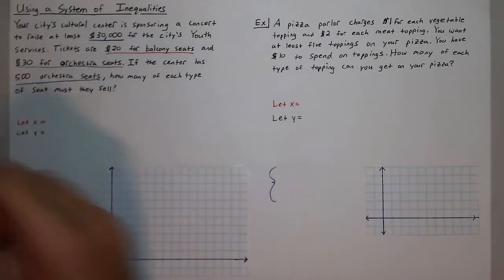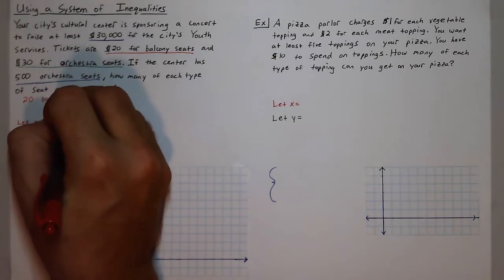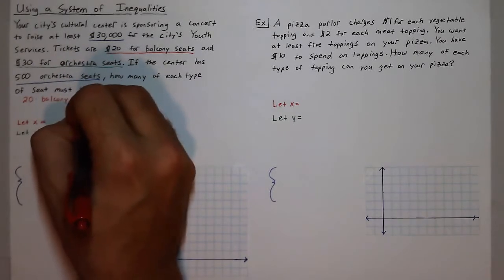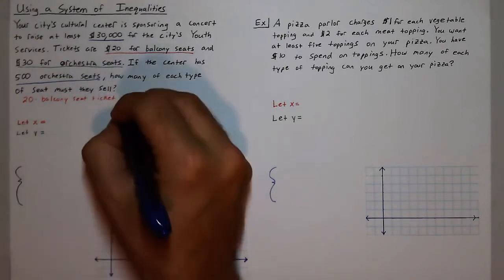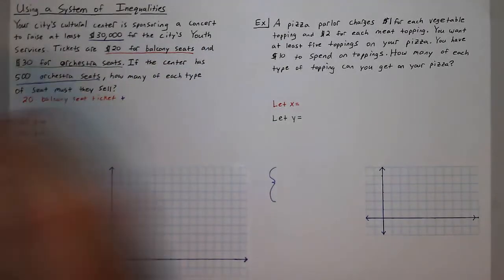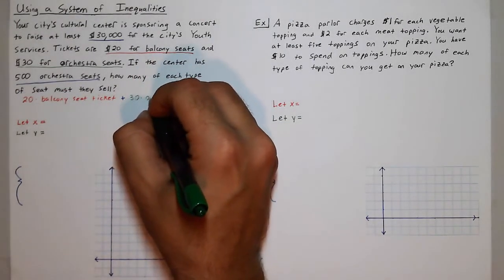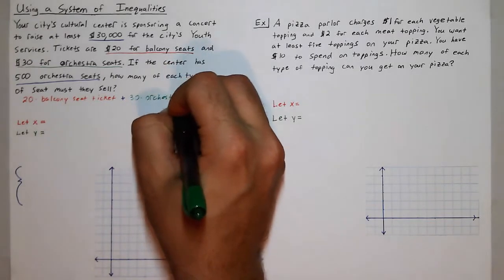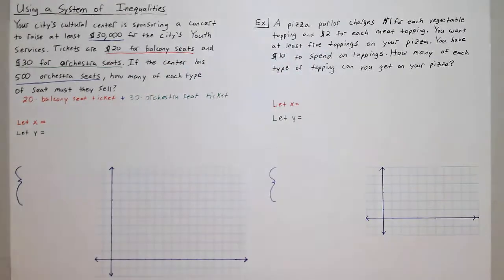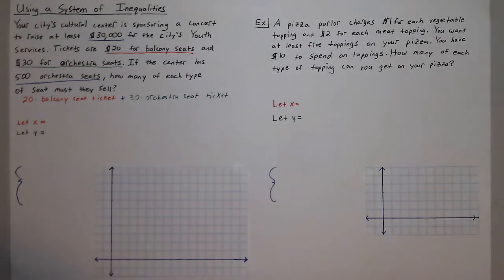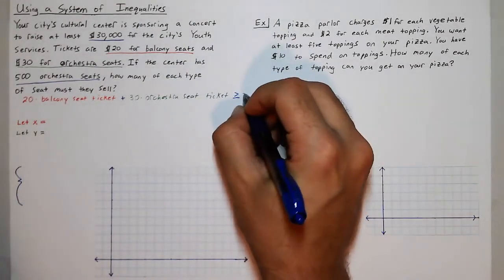So I know that if I'm charging $20 per balcony seat ticket, and $30 per orchestra seat ticket, together that must be at least $30,000, which just means that this total should be greater than or equal to $30,000.